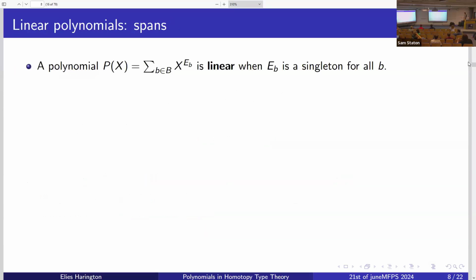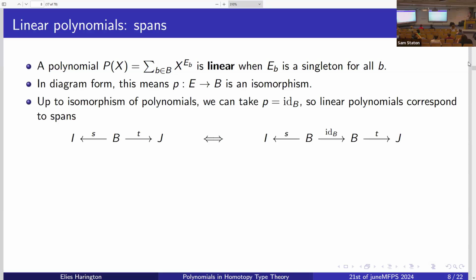Now, since I'm going to talk about linear logic, I'm going to need to have a notion of linear morphism. And among all polynomials, the linear polynomials are those whose exponents are just 1. So here in our case, since we're talking about sets, it's just singletons. And from the fibers point of view, if all the fibers of this map are singletons, this means that this map is an isomorphism.